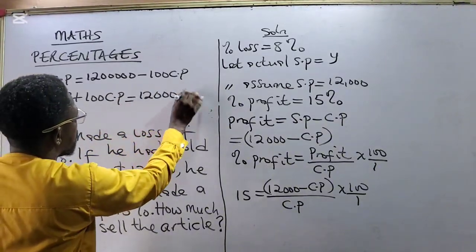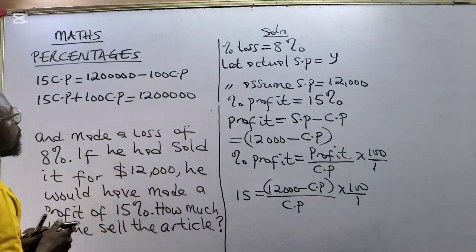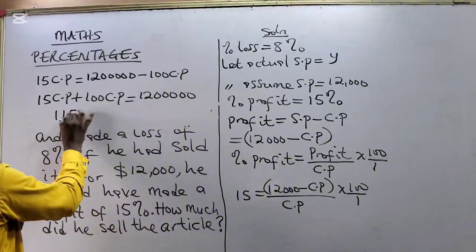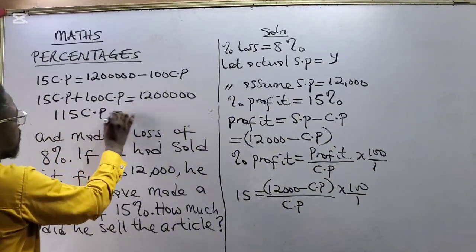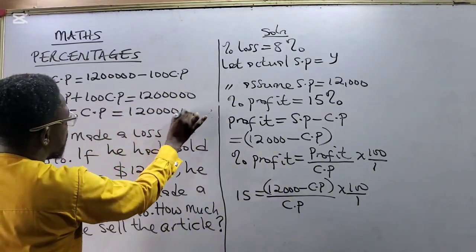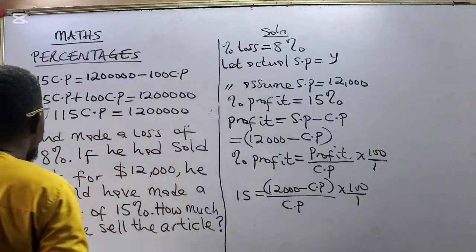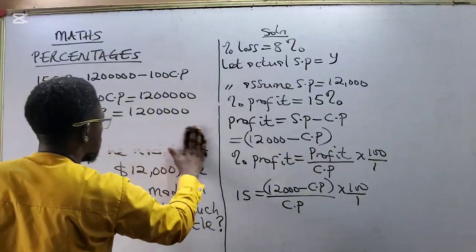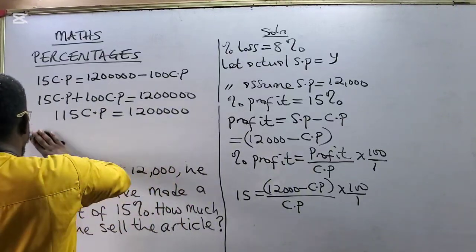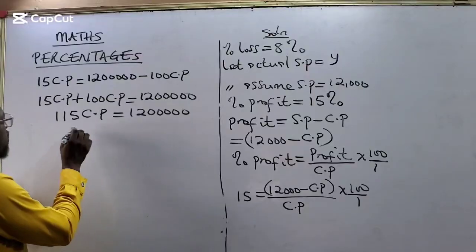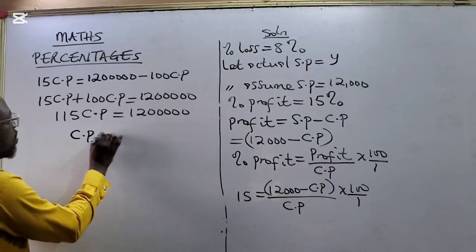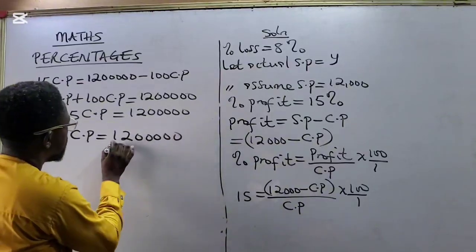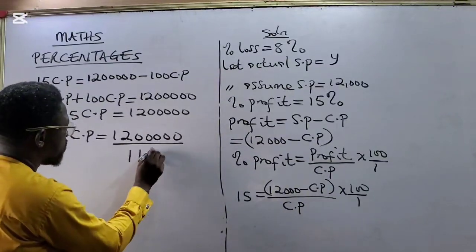That's 1,200,000. So this gives us 115 CP equals 1,200,000. Now divide both sides by 115. So I'll get CP equals 1,200,000 divided by 115.